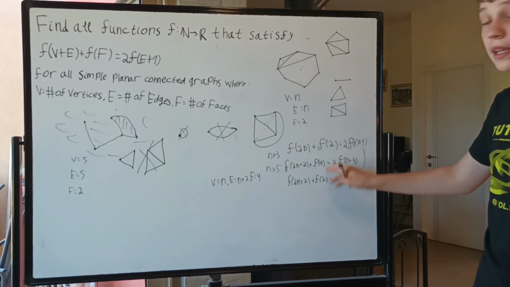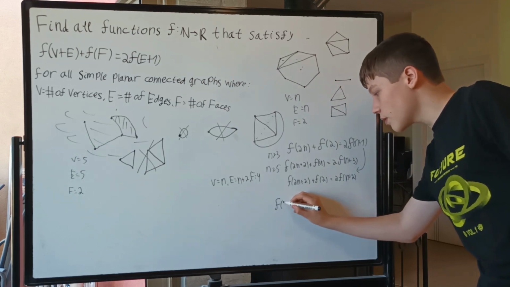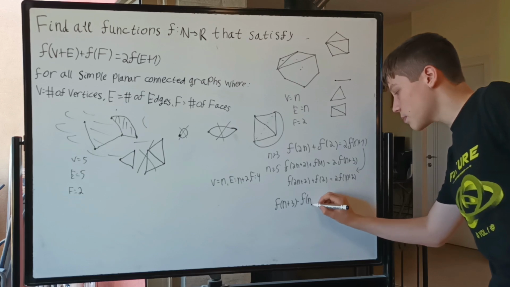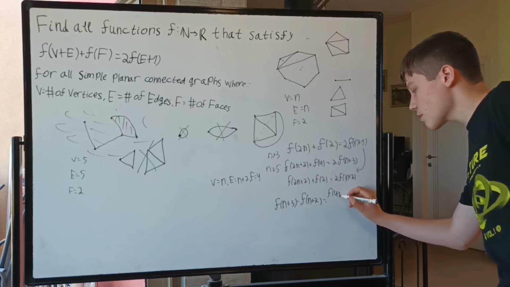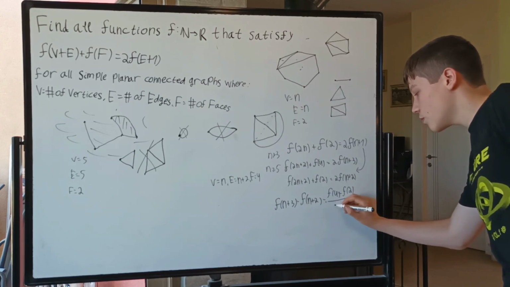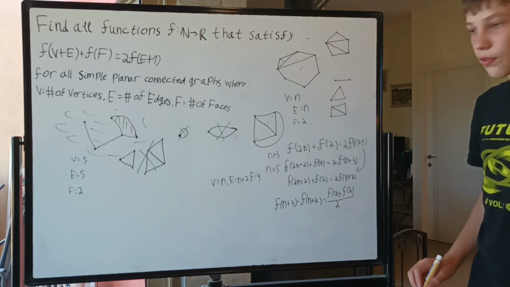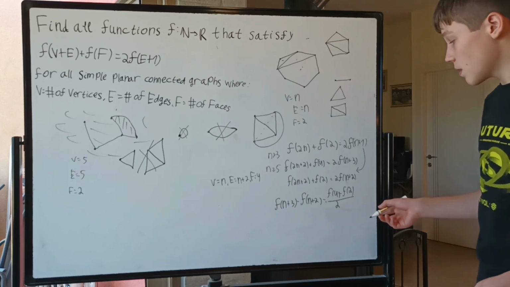So now we can subtract these equations and divide by 2 to get f of n plus 3 minus f of n plus 2 is equal to f of 4 minus f of 2 over 2. So this applies for n bigger than or equal to 5.